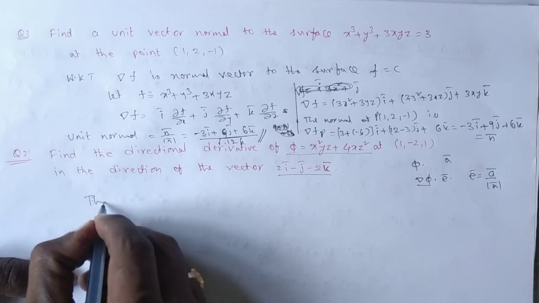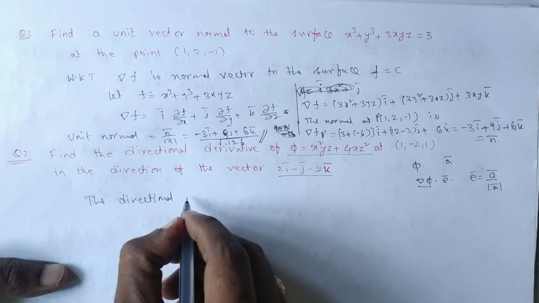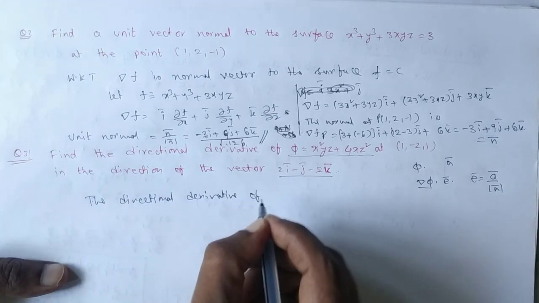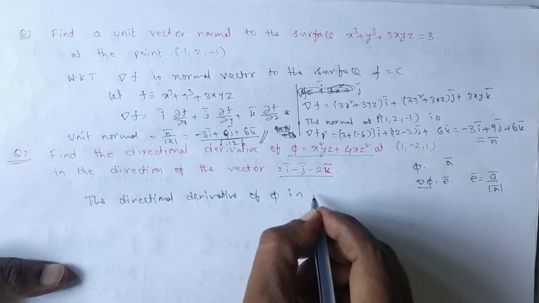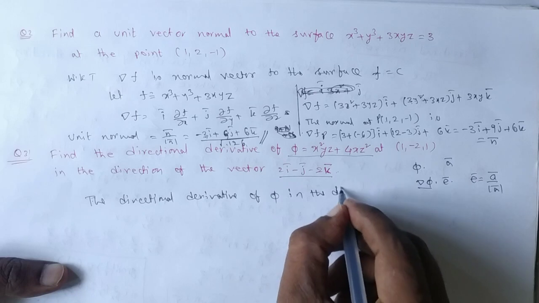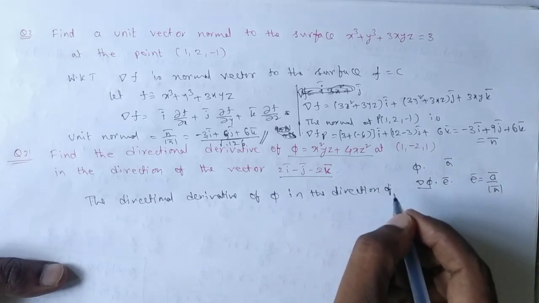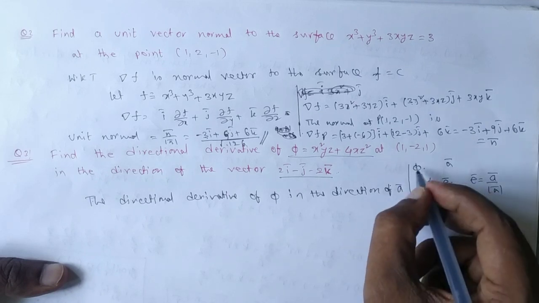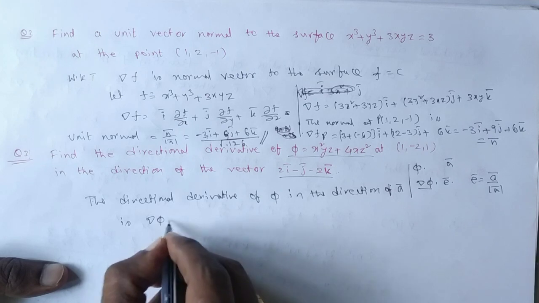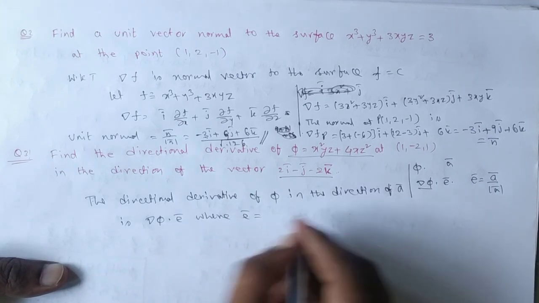Right now, the directional derivative of phi in the direction of a bar is grad phi dot e bar, where e bar equal to what?